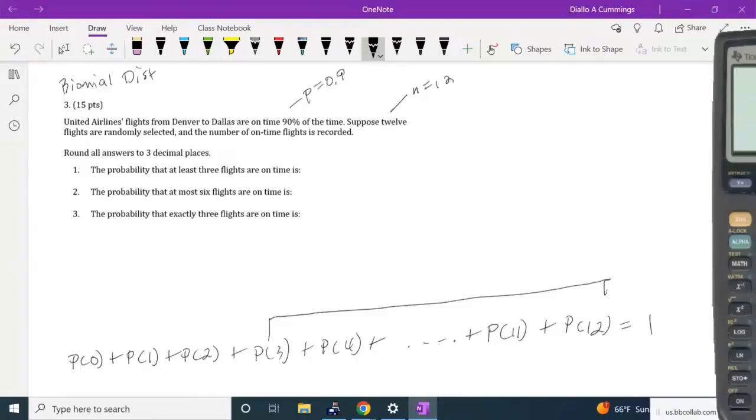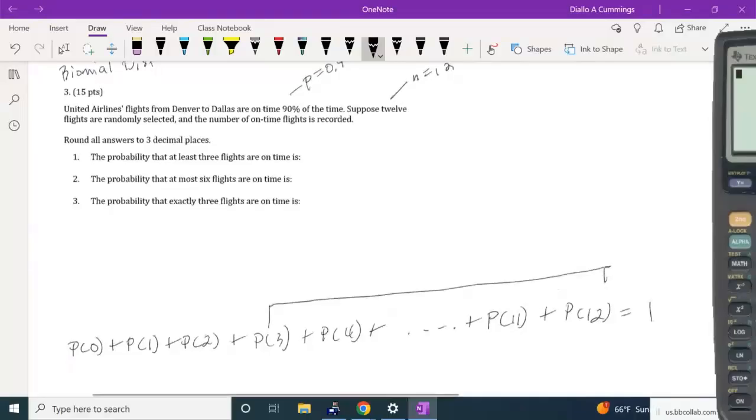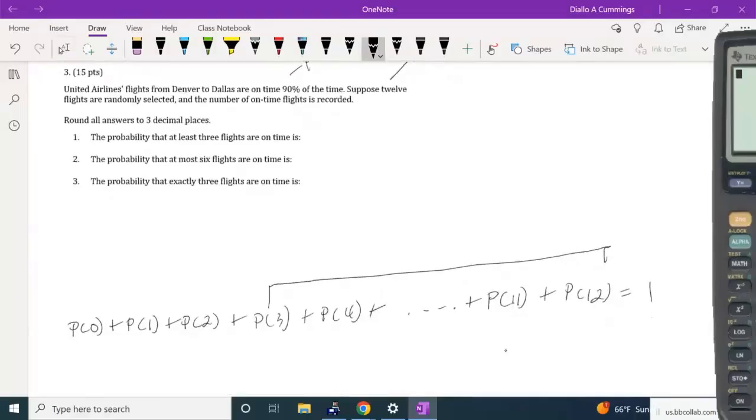But I can't actually put this in the CDF function because it's going to operate to the left. So this is how we're going to figure out the area that we want. Since all of our probabilities should sum up to give us 1, I'm simply going to find the probabilities for 0 through 2, and I'm just going to subtract from 1. And then that should give me the probabilities for values 3 through 12.